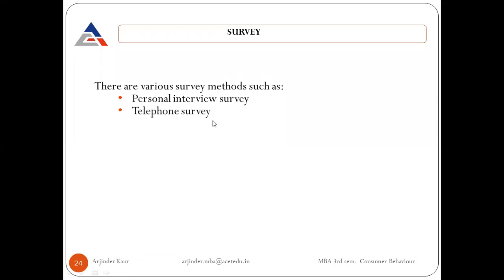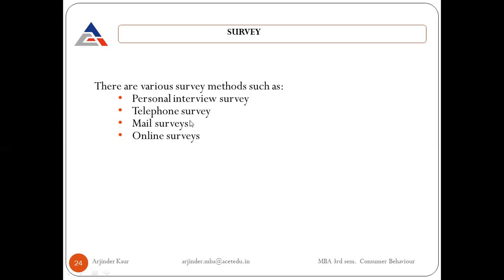In the telephone survey, he may contact the respondents via telephone by making personal calls. In mail surveys, the questionnaires will be mailed to the addresses of the respondents and they are required to send it back after filling the questionnaire. Then, with the advancement in the internet and technology, surveys can now be conducted online.